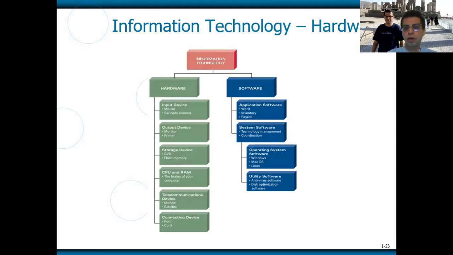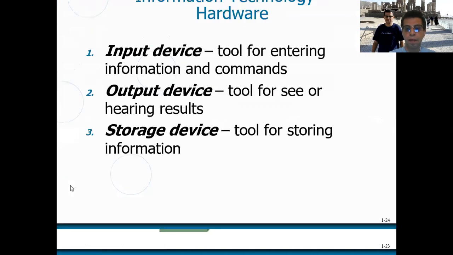Now, in information technology, the hardware can be the input devices, the output devices, the storage devices, the CPU and RAM, the telecommunications, and the connecting devices. The software could be application software, system software, operating software, and utility software like antivirus and disk optimization software.